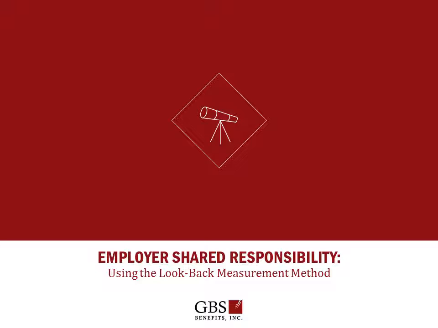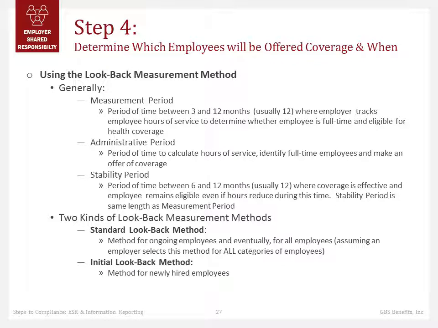Now the rest of the time we are going to spend on just the look back measurement method. You understand now, hopefully, when to use the monthly and when to use the look back. And now that you know you're using the look back, let's get into the details of how to technically administer the look back correctly.